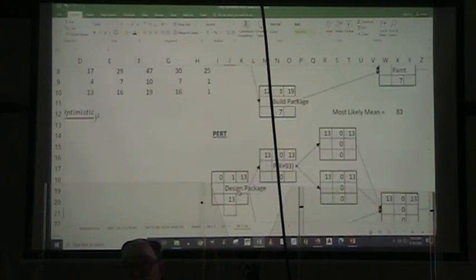You'll notice my mathematical reasoning stays intact here.